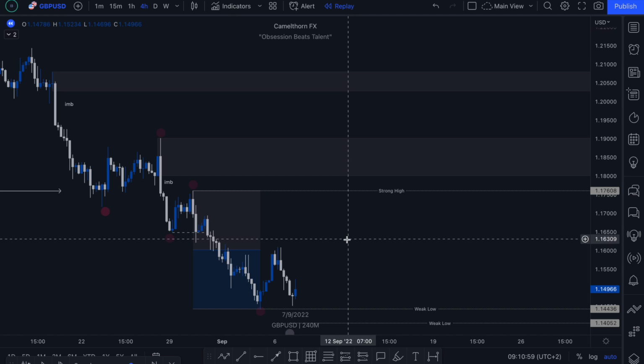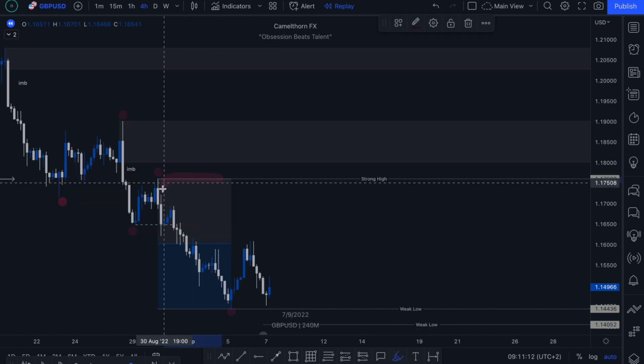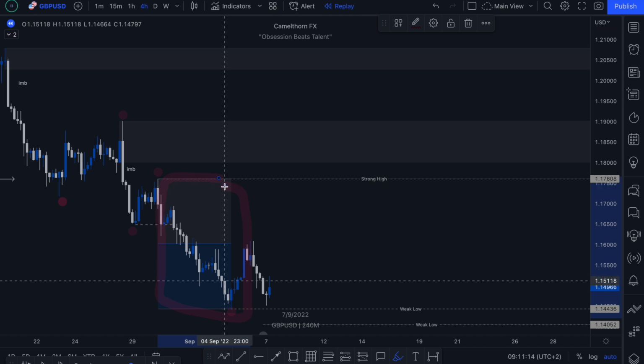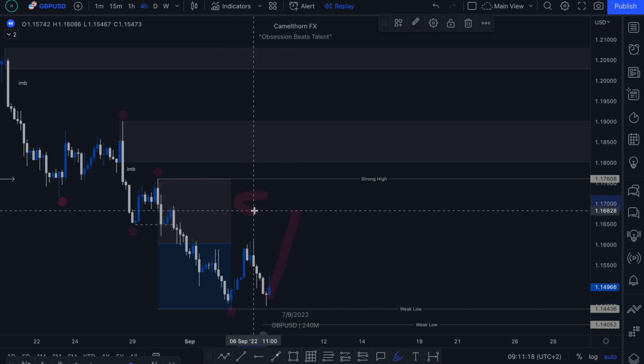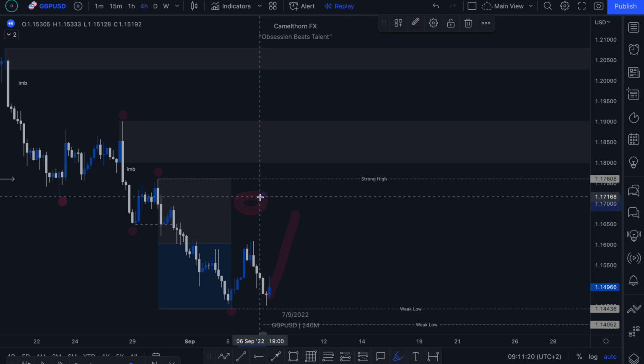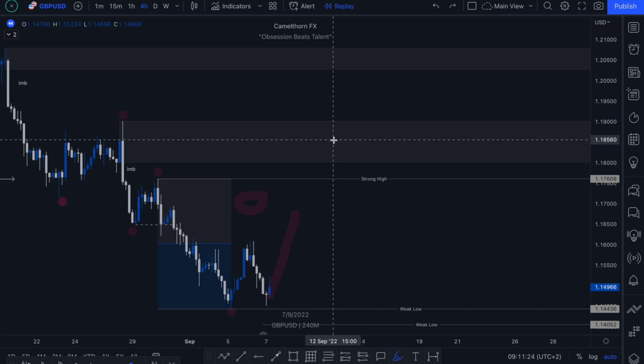So my 4 hour helps me with determining what the overall daily direction is, the direction that I want to be trading. So because I have a bearish 4 hour leg in here, I still only want to be trading price action up towards discounted pricing of that 4 hour leg. Even though I could be aiming for this, I want to follow my 4 hour closely.